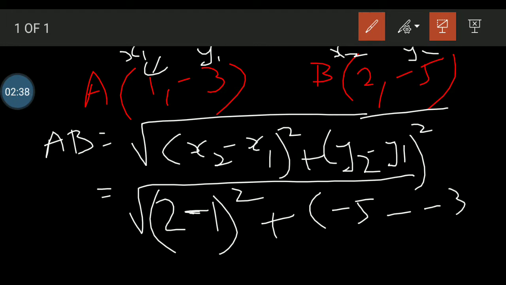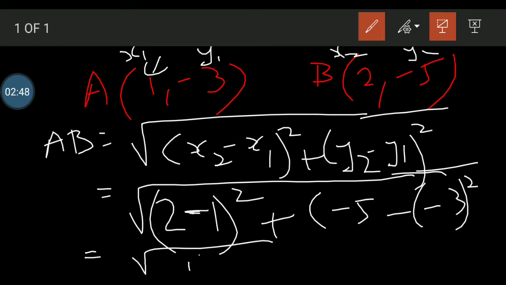Now minus minus will be plus. 2 minus 1, what will I get? 1. I have to find 1 square. Plus, minus 5 plus 3. Minus 5 plus 3 is what? I will get minus 2 whole square.